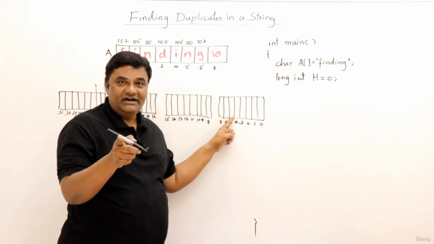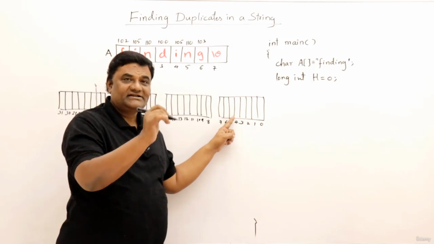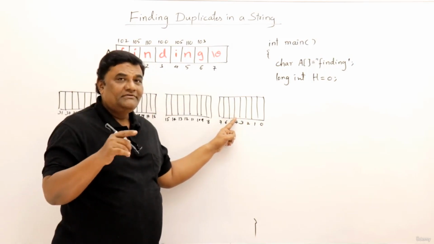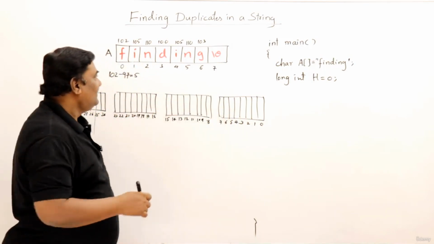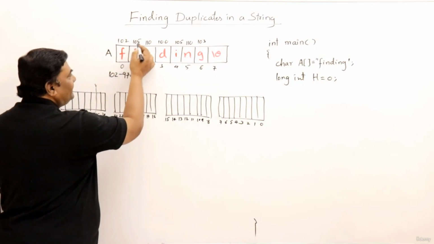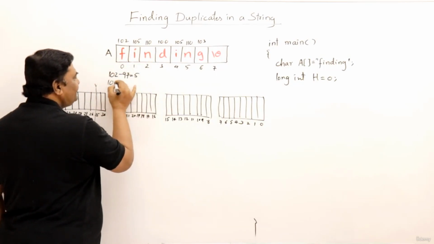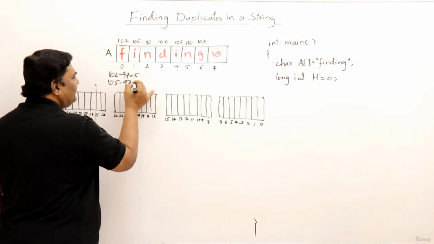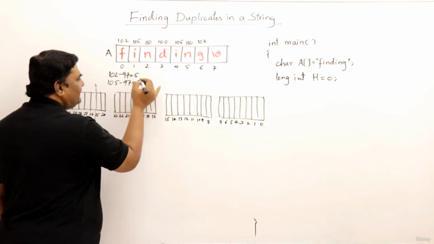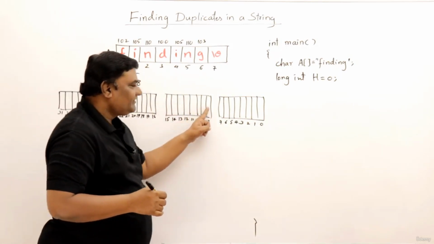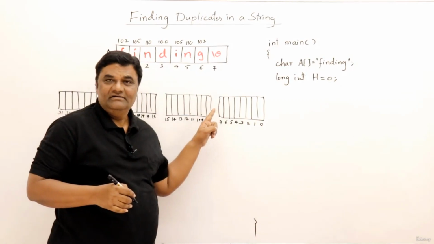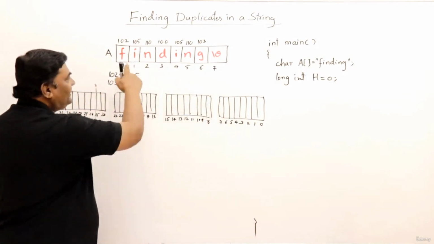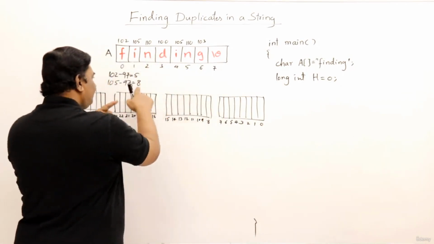You remember in hashing, we did the same thing. At the 5th index, we were incrementing it. But now we will set this 5th bit on. And for this I, it is 105. So 105 minus 97 gives 8. So we'll set this 8th bit on, right? Next time when we come to this I, again it is 8.